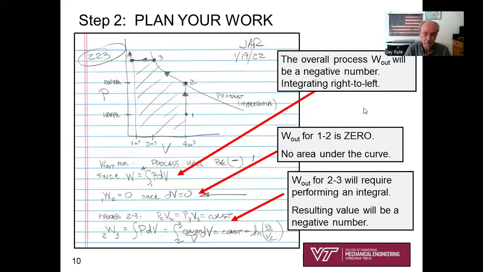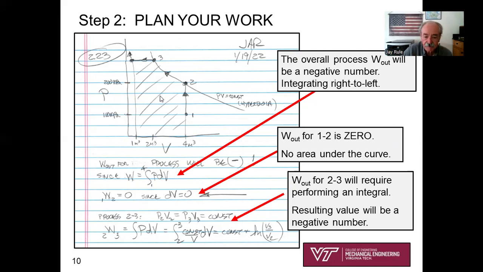All right, so let's see what we've got. How about the process all the way from 1 to 4? Integral of PdV. This should be back from high school as well. What's the physical meaning of an integral? It's the area under a curve, the area under the process path. Area under the curve is the visualization of an integral. So how about the integral from 1 to 4?